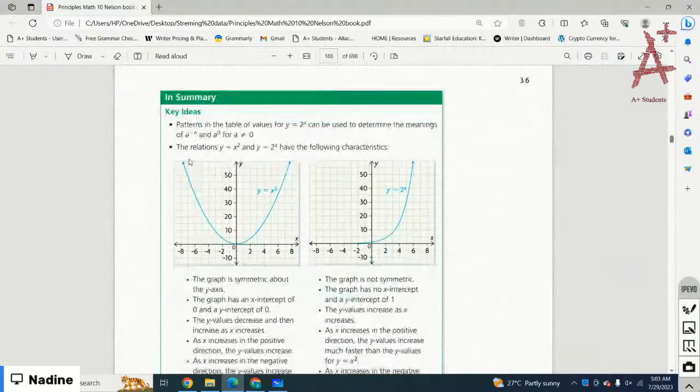Okay, here is the summary. Patterns in the table of values for y equals 2^x can be determined, the meaning of an exponent negative 1 and an exponent 0.